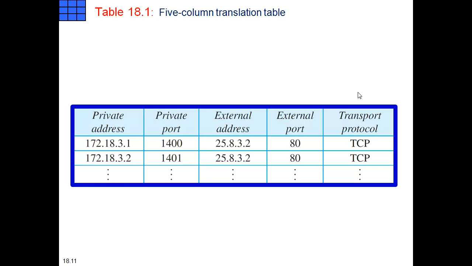In IPv4 addressing, we have discussed the introduction of IPv4 addressing, classless addressing, classful addressing, DHCP, dynamic host configuration protocol, and the NAT functionalities. All of you go through this video, understand it, and reply for the assignment.